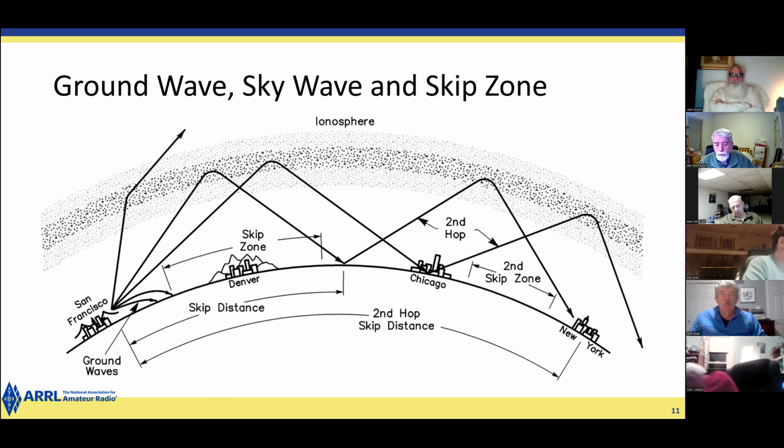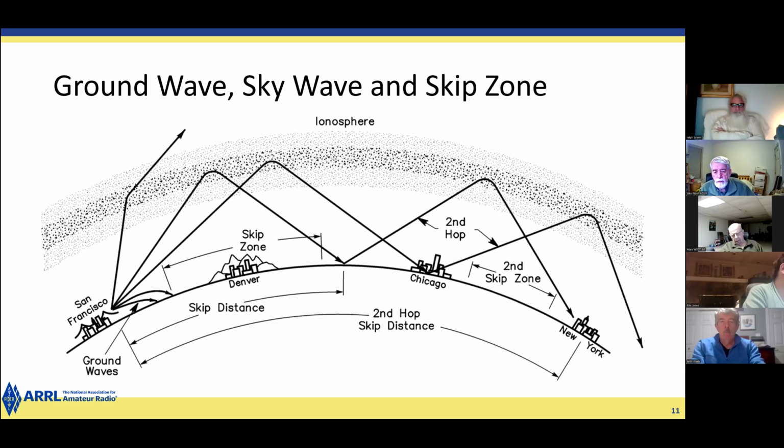Now, for what it's worth, if you're talking from the American Midwest to Europe or Japan, one of the skip distances will be to the middle of one of the oceans.